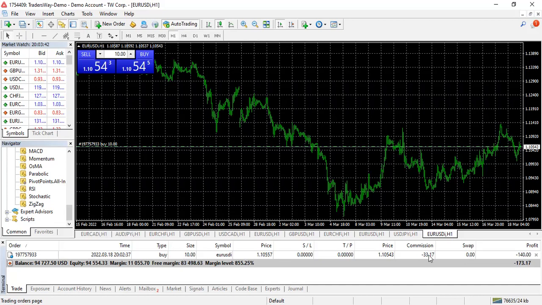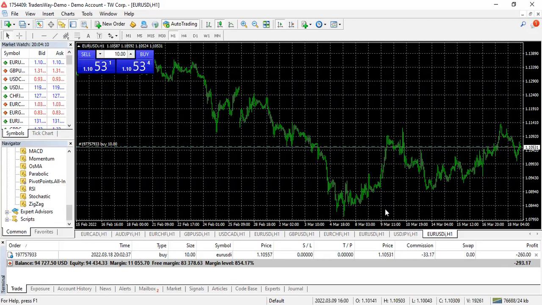This is commission. Some brokers, you can see, this particular broker is not charging for spread. When a broker is not charging for spread and you open a trade, you do not see any charges or commission, because the broker will have removed their commission from the spread.